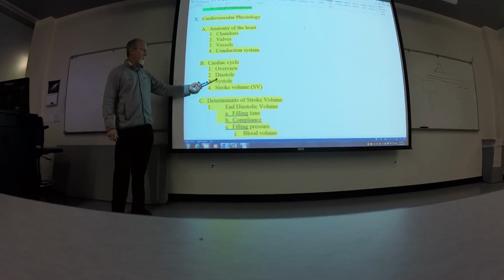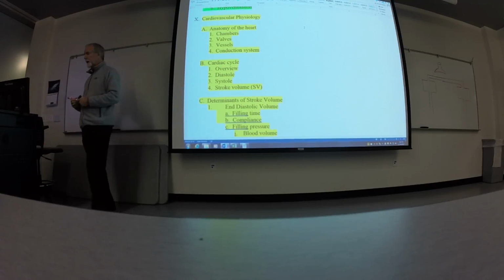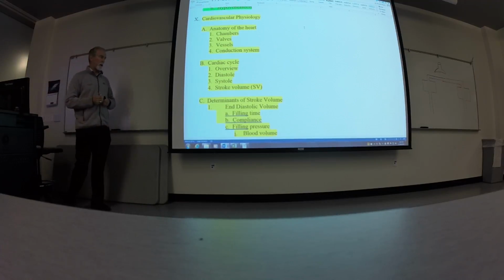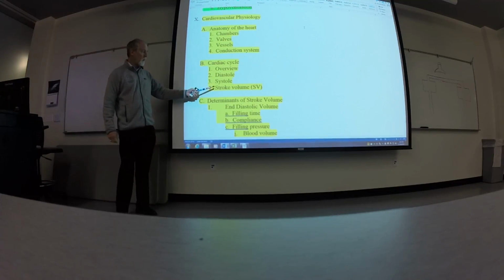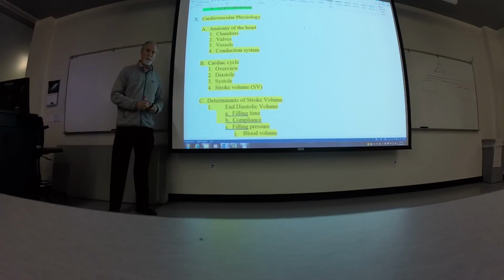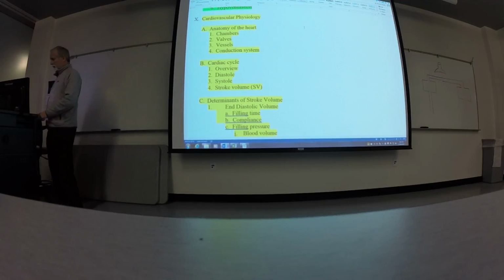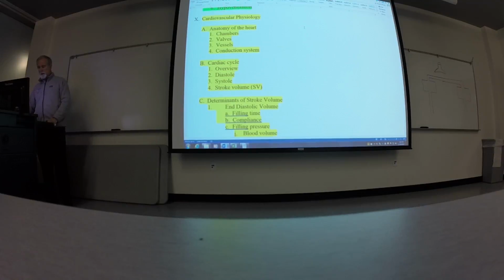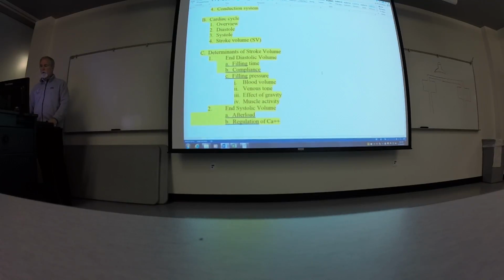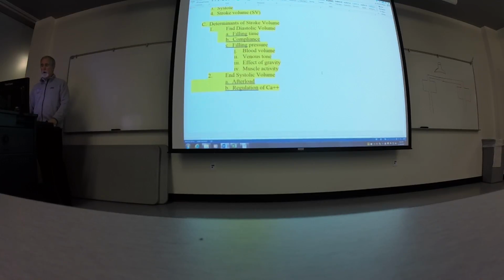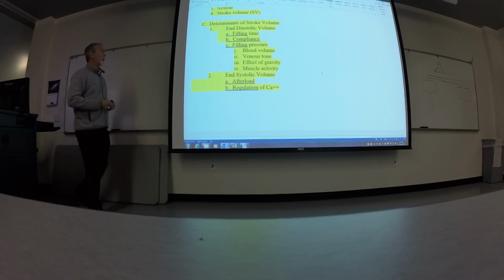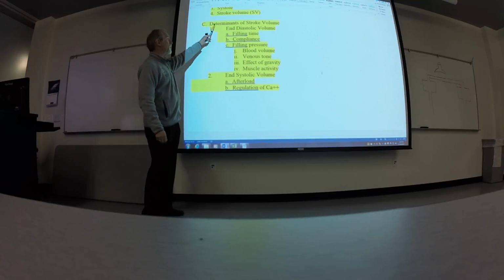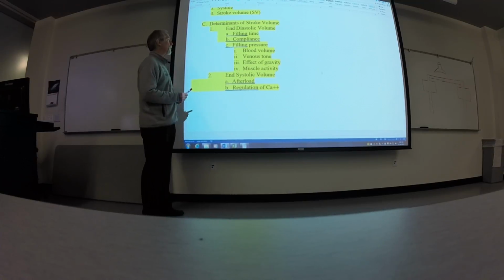So we'll talk about these 2 different phases, diastole and systole, and then we'll get into talking about stroke volume, which is the volume of blood ejected during a cardiac cycle. So when you feel your heart beat, the stroke volume would be the volume of blood ejected out during that particular beat. Then we're going to come back and talk about what are the factors that determine stroke volume.